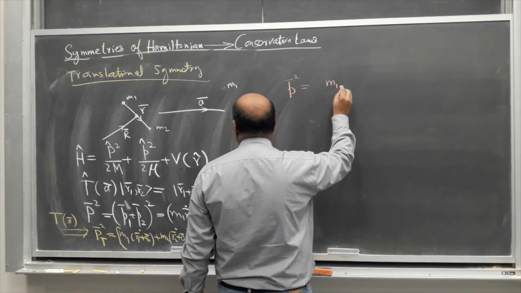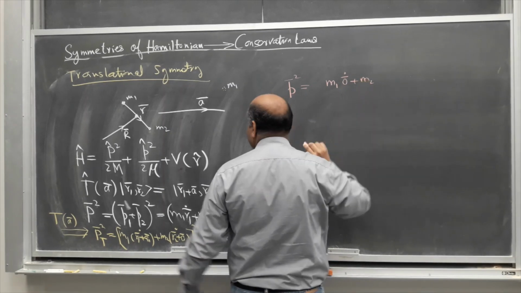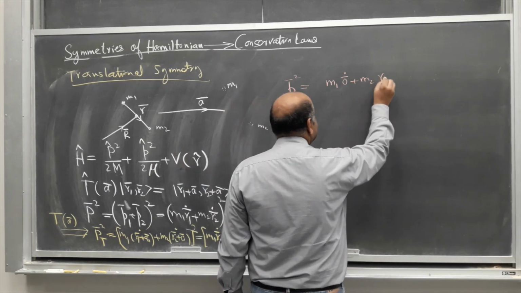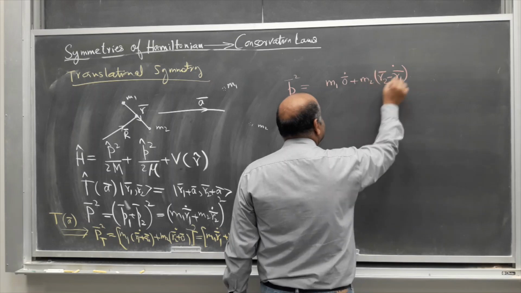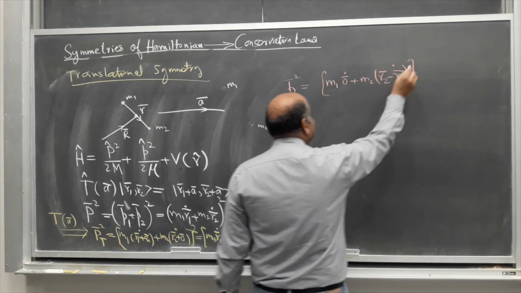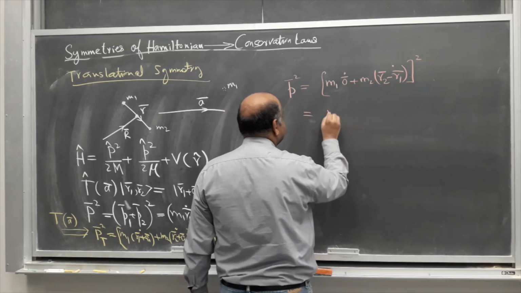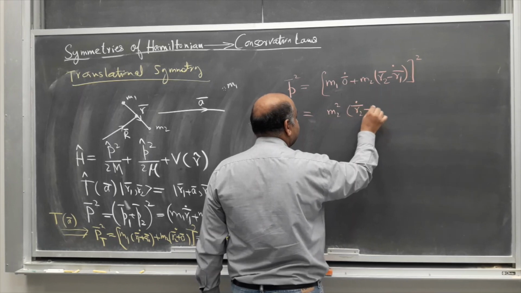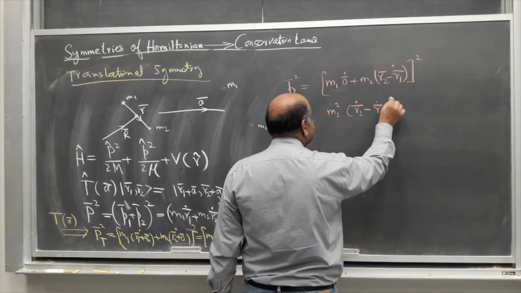So m1 times 0 plus m2, the momentum of this particle is r2 minus r1 whole square. So this is 0, so we are left with m2 square (r2 dot minus r1 dot) square.